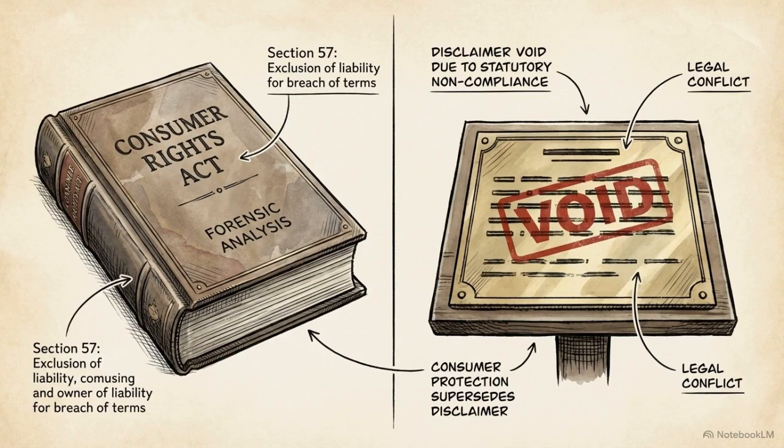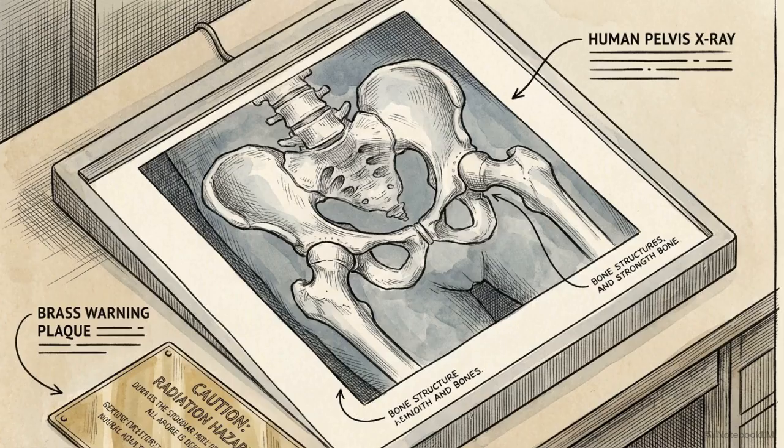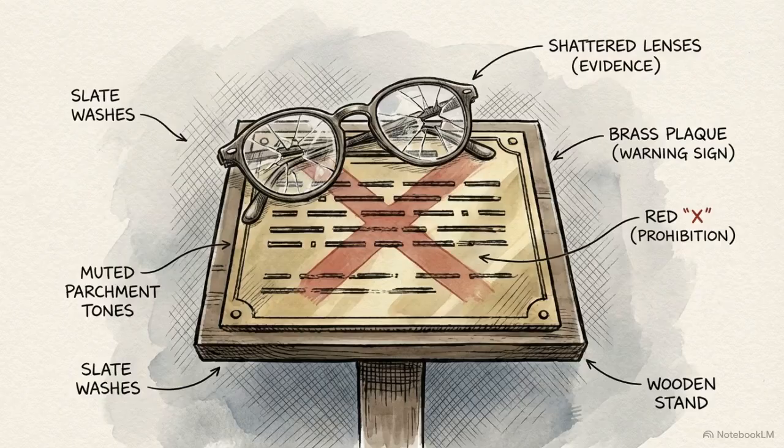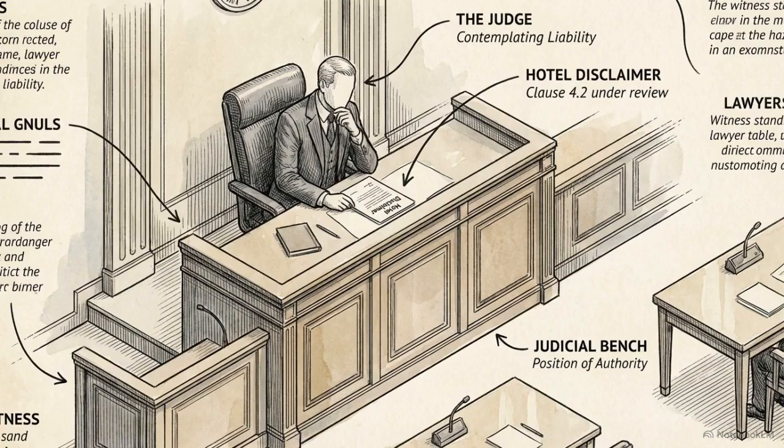The CRA establishes an absolute limit. Any attempt by a trader to exclude liability for death or personal injury is void by law. Andy's sign cannot protect him from paying for Desmond's broken pelvis. Excluding liability for property damage, the spectacles, is permitted, but only if the sign passes a strict statutory fairness test applied by the courts.